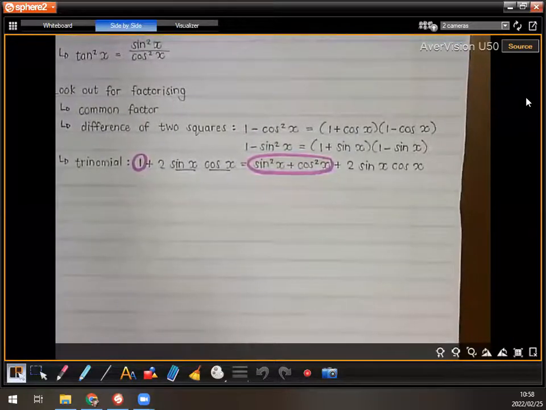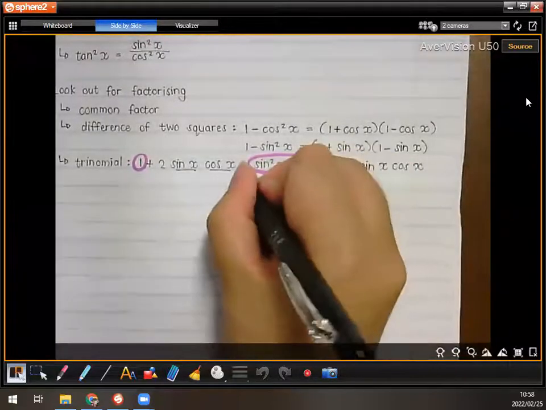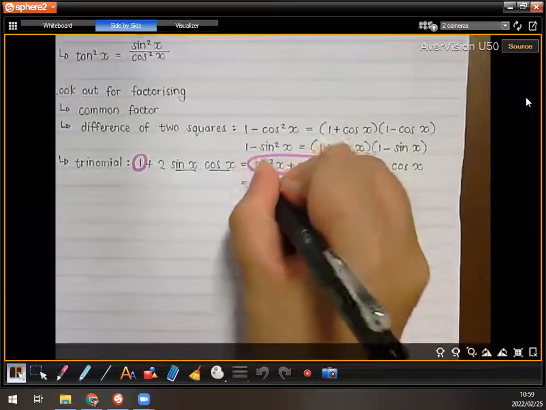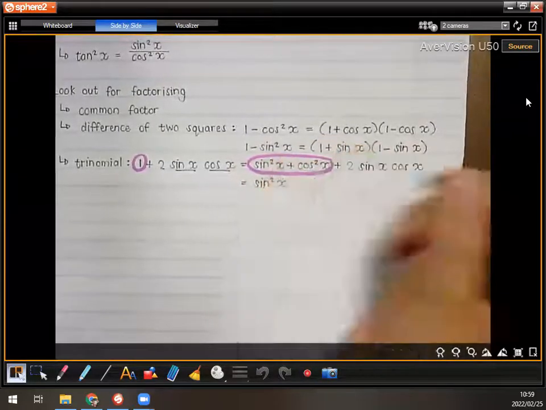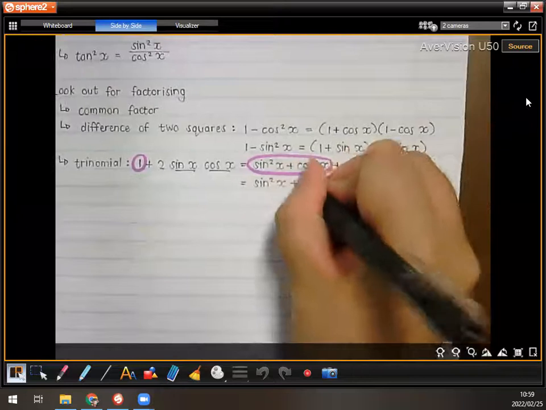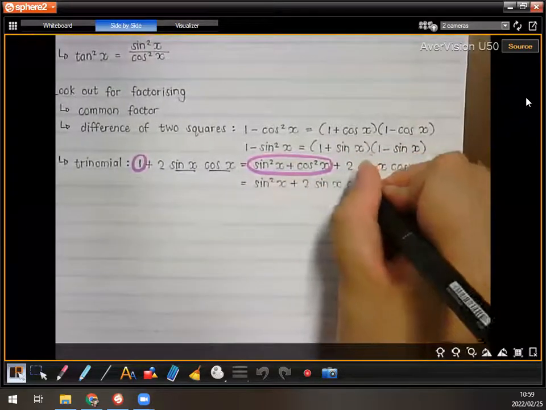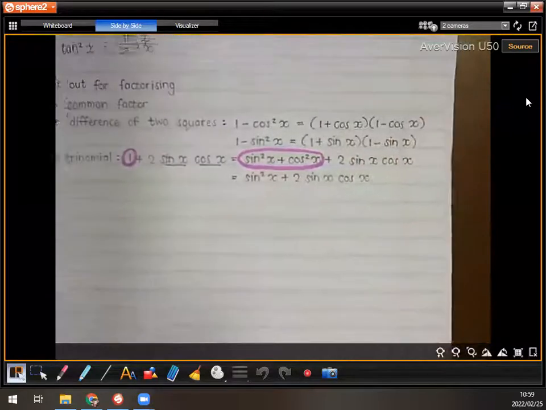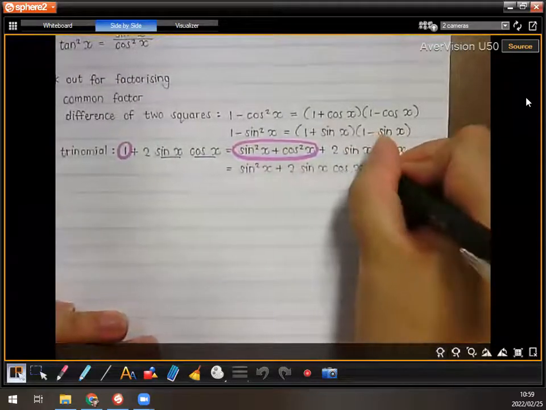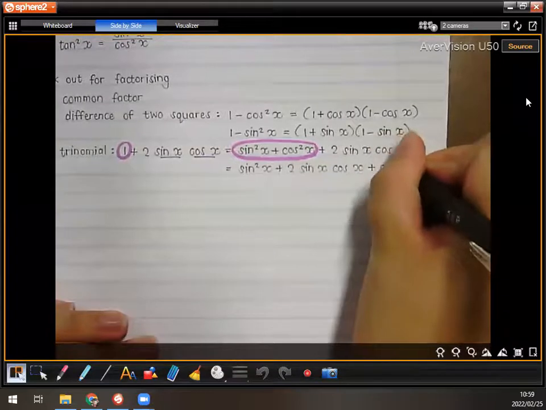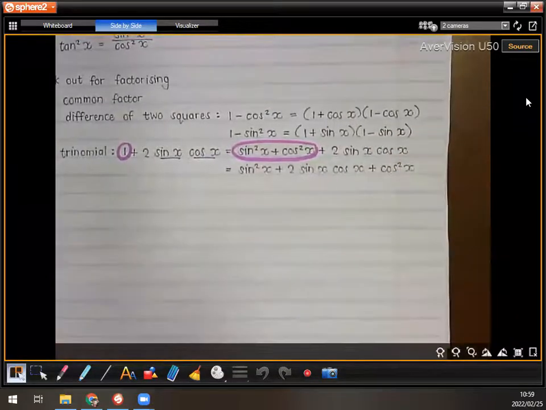Now, guys, if we put that cos squared x at the back, so if we just change the order slightly, this is sine squared x plus 2 sine x cos x plus cos squared x. Sorry, this pen is hanging on for dear life. I'll switch over to the purple one just now.